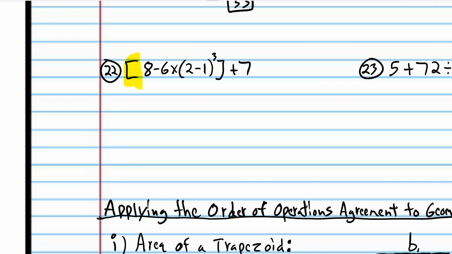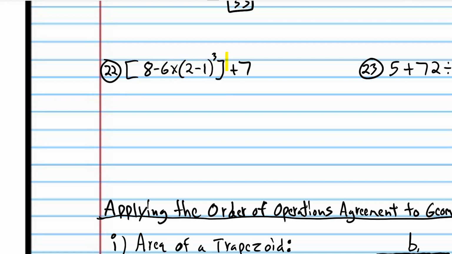So all it is is a more complicated expression. When you have a lot of operations here, and some of the operations require parentheses, and you want all of those operations to be performed first before you add the 7 or do whatever you're going to do to all these operations, you put brackets, and that just tells you to do all these first.